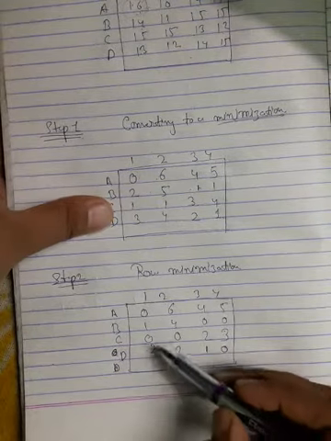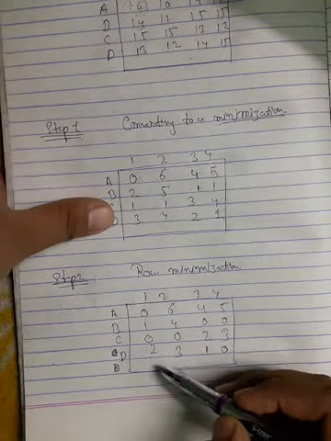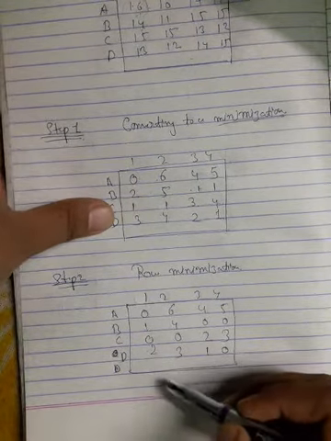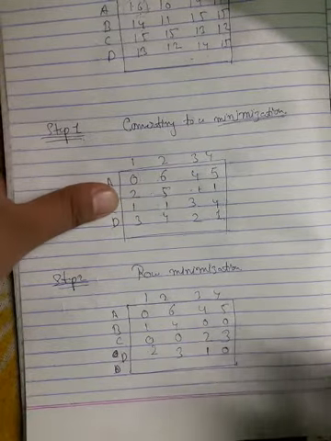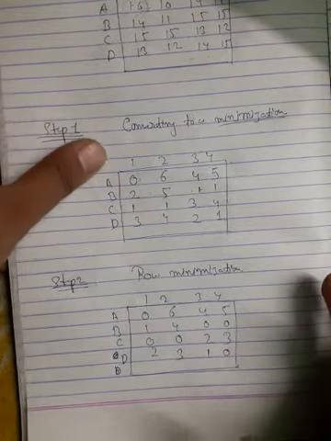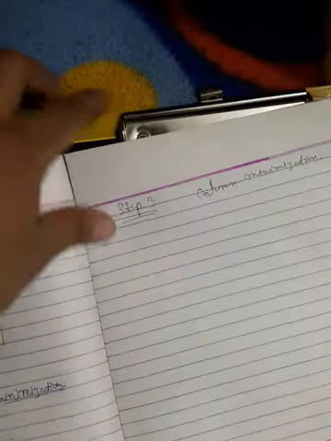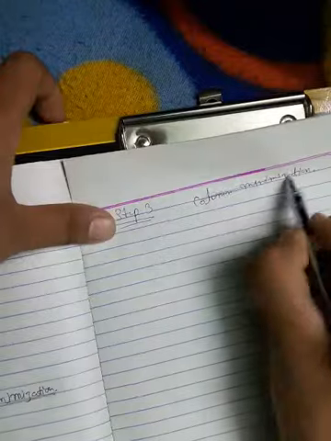Now if you subtract this minimum value from the respective elements of that column, you are going to get the same matrix. So no need to go for the column minimization. Directly moving to the next step.